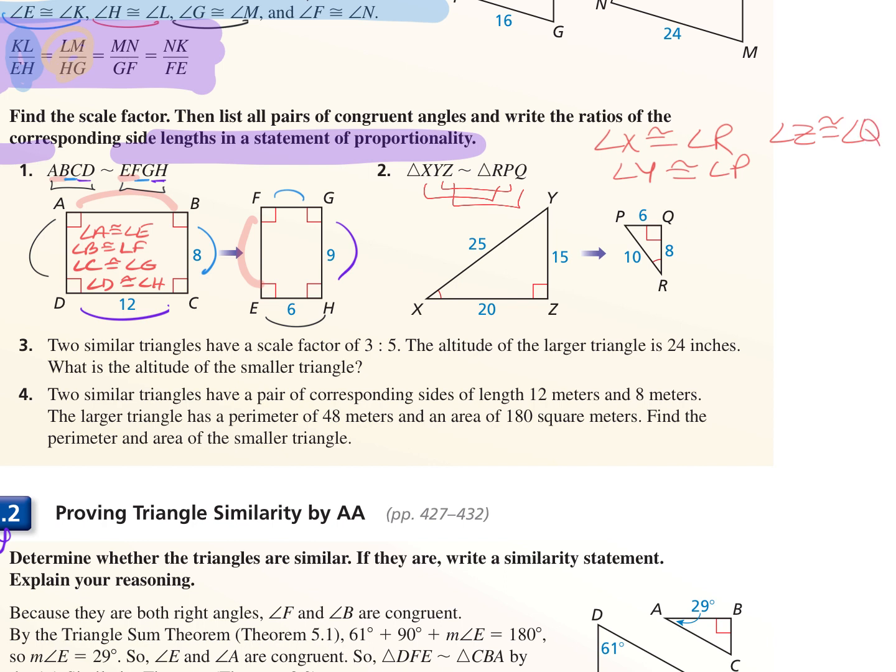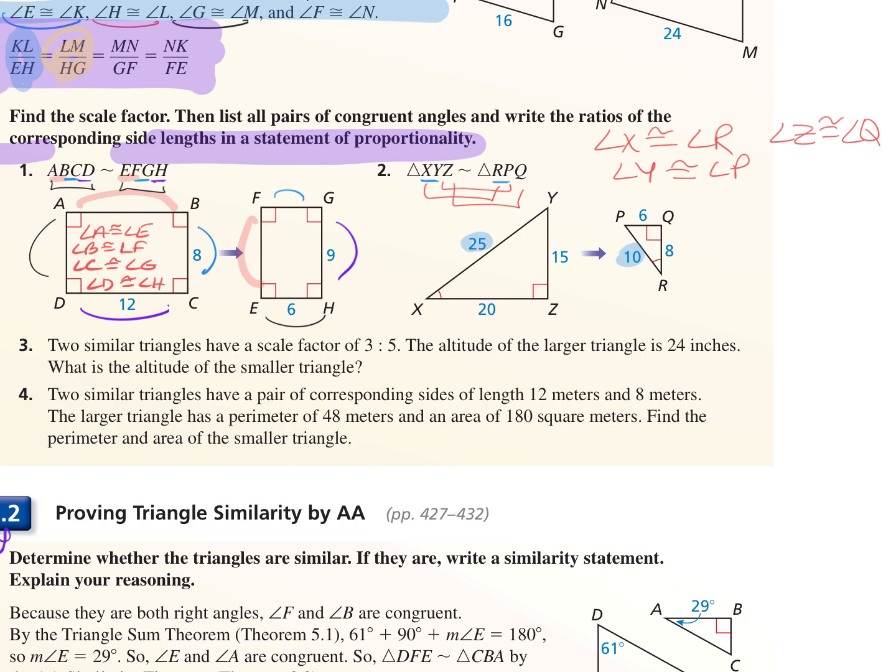Now again, I can use the similarity statement to write my statement of proportionality. So XY, the first two letters, are going to match with RP. So XY is right here, and RP is 10.